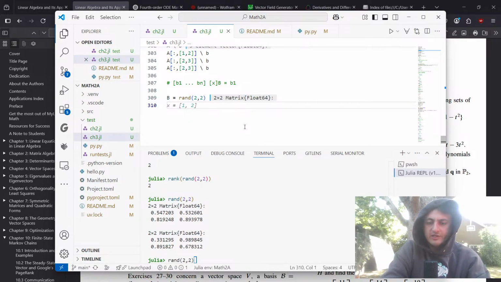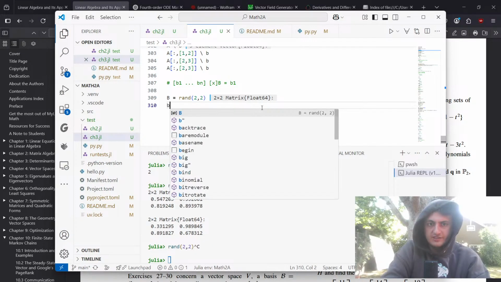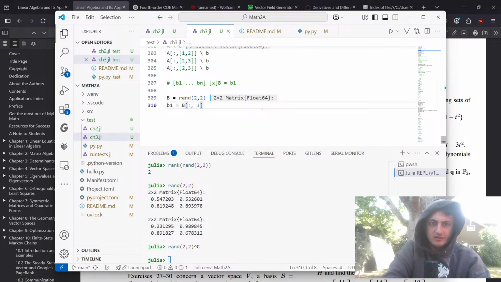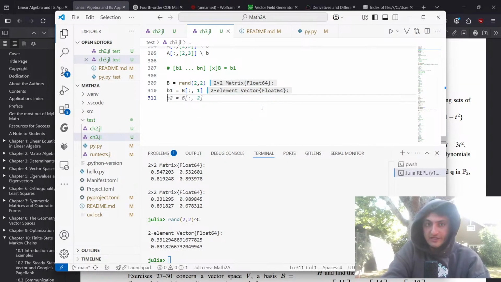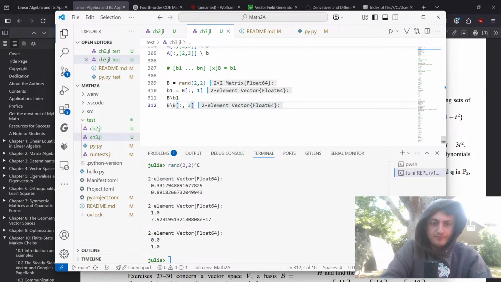Now we just take a random matrix, then we're going to take b1 equal to b like this, the first column, and now we're going to try to find b backslash b1, and we're going to get 1 0, and then if we do this similarly for b2, you get 0 1.